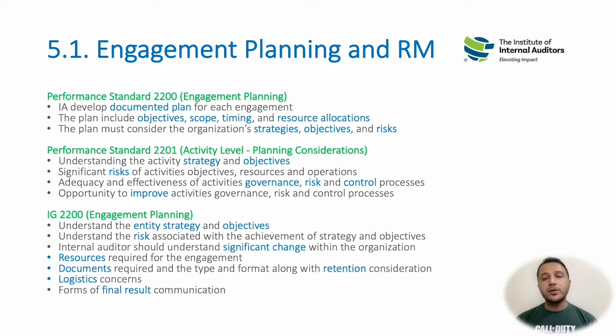Some more requirements related to an activity: we have to understand the activity-level strategy and objectives, which means, for example, if you are reviewing a procurement activity, how the requisition is made, who approves the procurement of any particular item, how the vendor is selected, how the purchasing process is initiated in the system, what the controls are, who has the authority to approve.